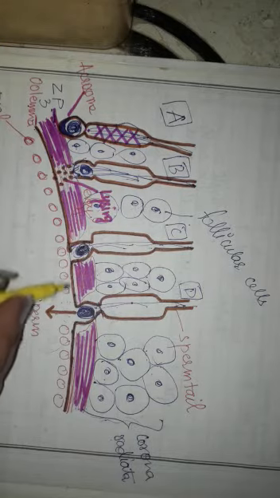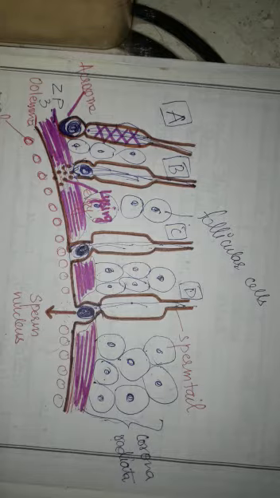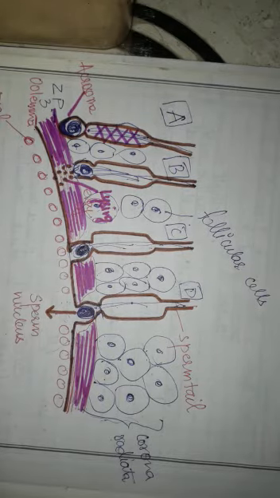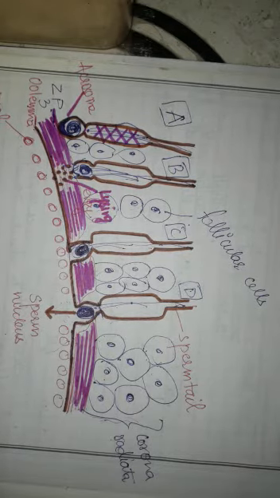As soon as this binding happens, depolarization of the egg membrane occurs, which causes the fast block to polyspermy. At the same time, it is checked so that additional sperms cannot join the membrane of the egg. Let us see what happens in the acrosome reaction.